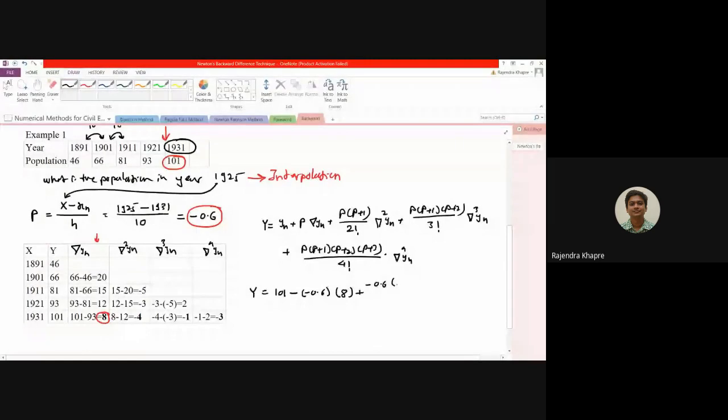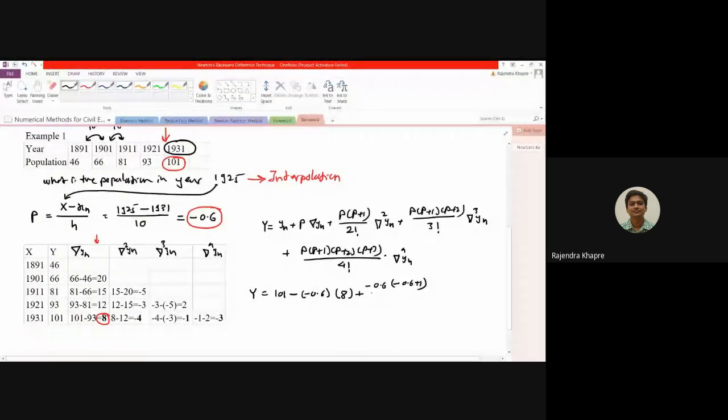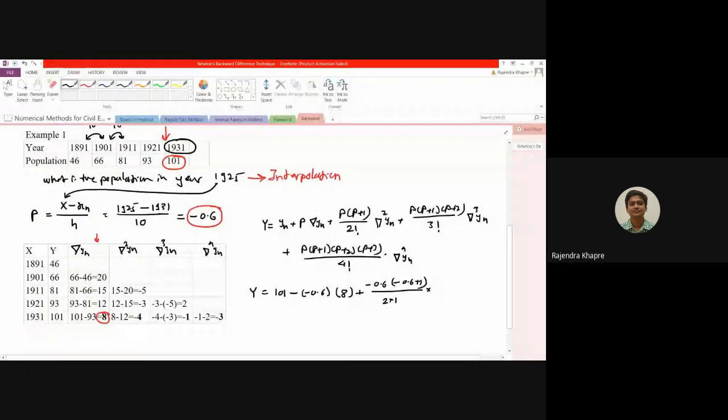Into minus 0.6 plus 1, whole divided by 2 factorial, which is 2 into 1, into the last value of delta square yn, which is minus 4. So this will be minus 4.